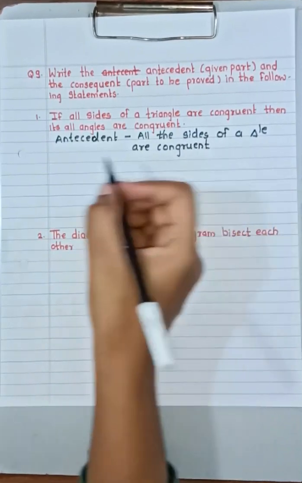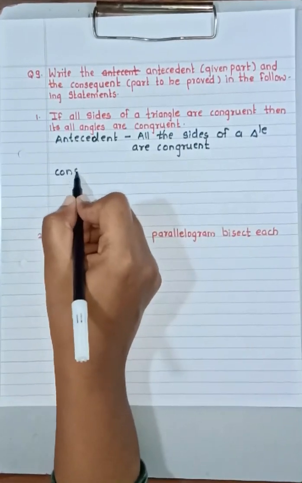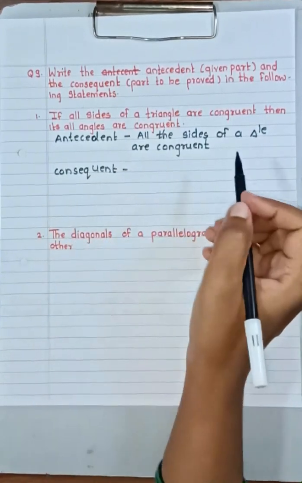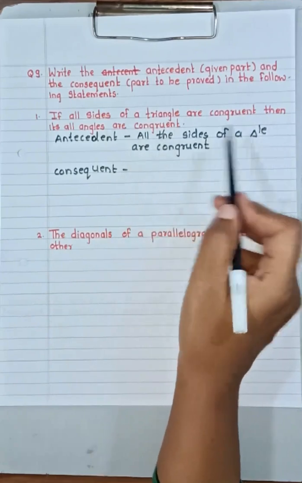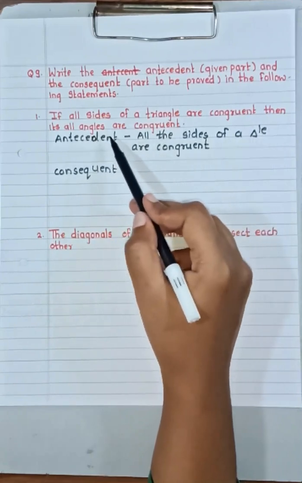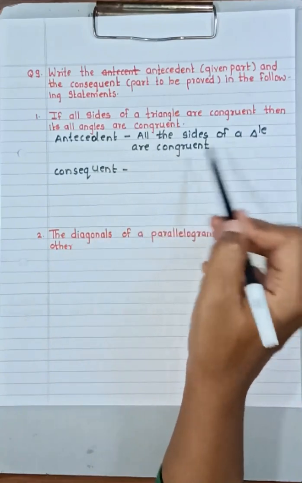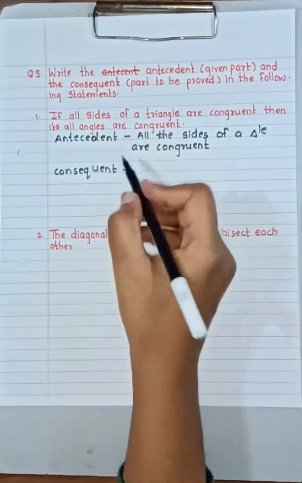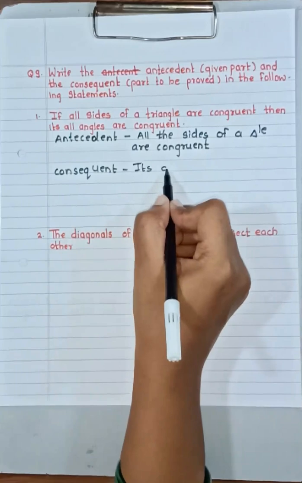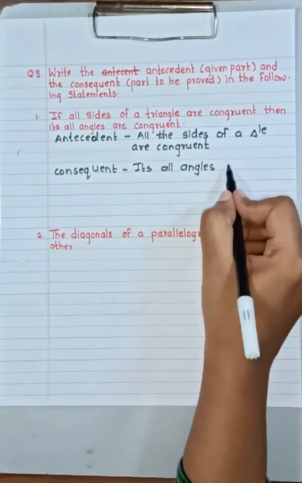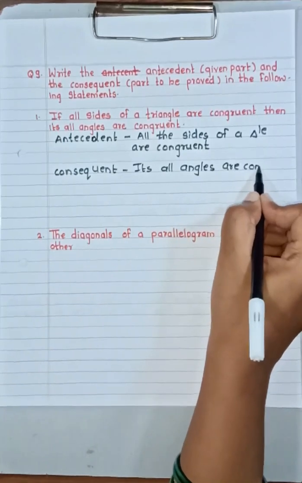Okay, and consequent means what we have to prove now. Consequent, what we have to prove, that all its angles are congruent. Now what they have given, all the sides of the triangle are congruent, and we have to prove that its all angles are congruent.